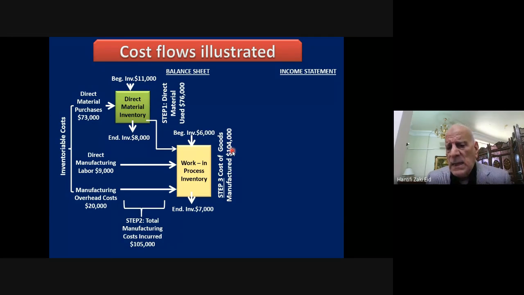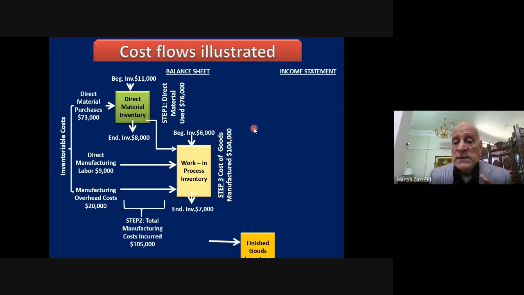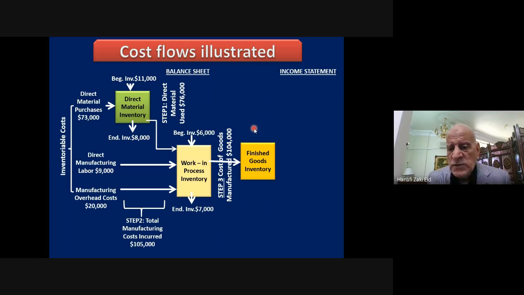These are goods completed and can be sold. This is complete units. The factory will send these units produced during the period to outlets to be sold. So these finished goods will be sent to outlets.